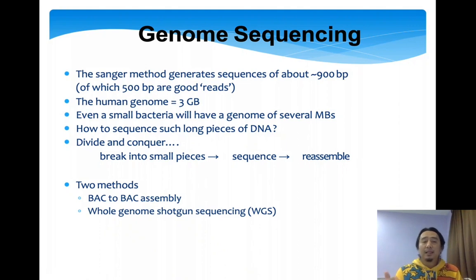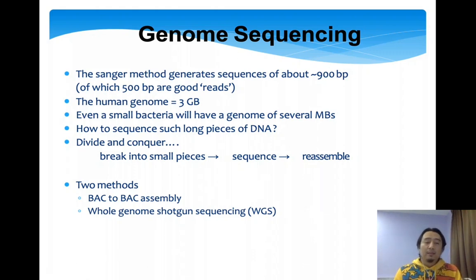So since in the Sanger method it can only do 900 base pair and only 500 base pair are good to read. But imagine if the human genome or bacterial genome is big, right? The size of the DNA is too big. So how do we read this one? Okay, so there are 2 methods to read the big size genomes.